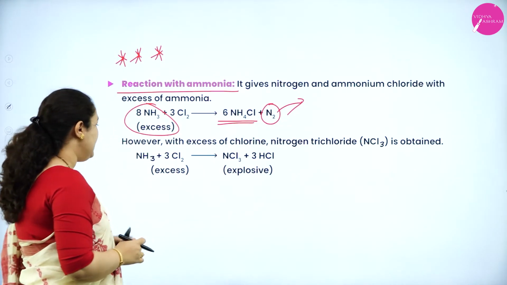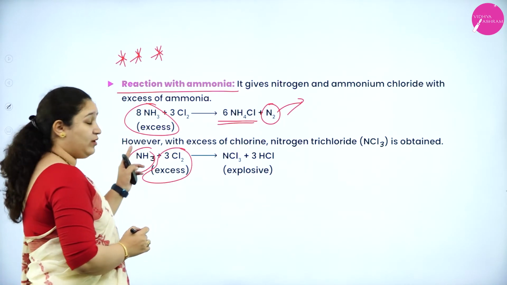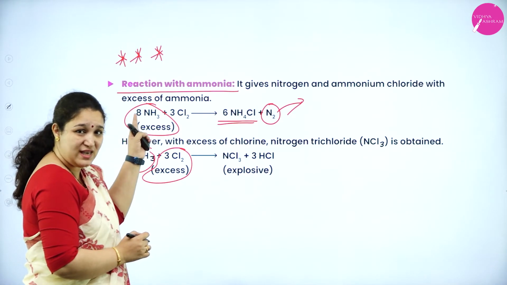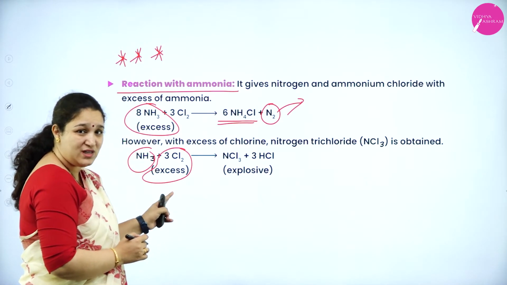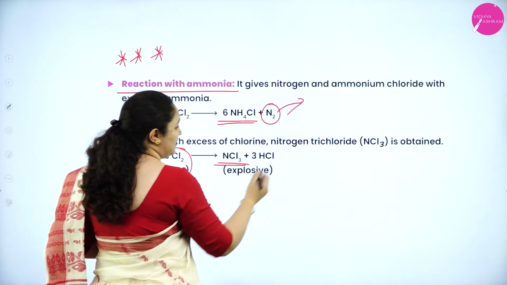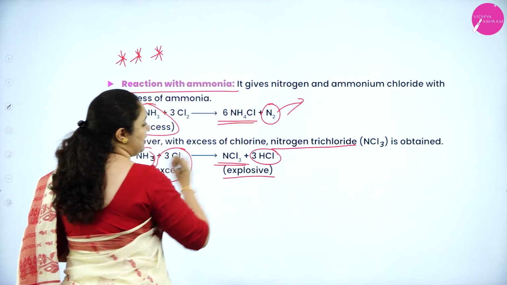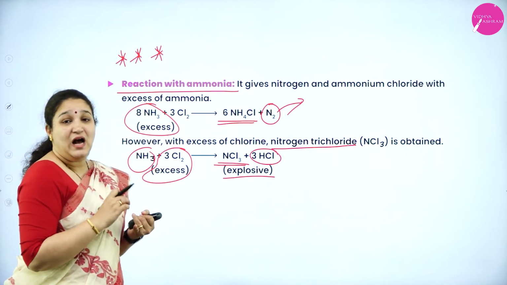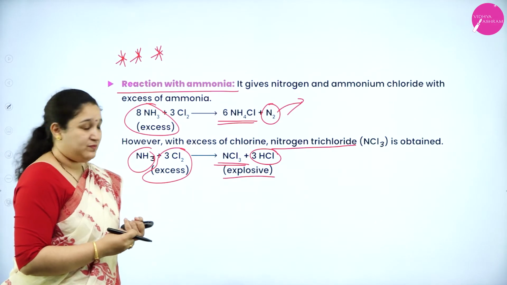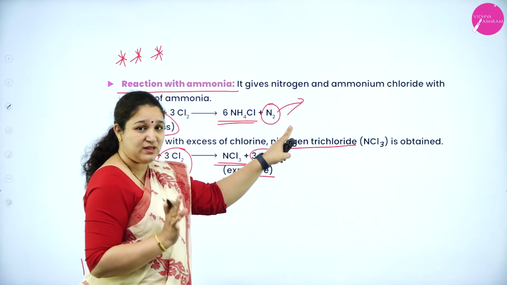Whereas ammonia with excess of chlorine, in the first reaction ammonia is in excess, in the second reaction chlorine is in excess. When chlorine is in excess, it will form NCl3, that is nitrogen trichloride, which is an explosive, and HCl will be formed. So when ammonia is in excess, see, ammonia has nitrogen, so nitrogen gas is liberated, remember this way.